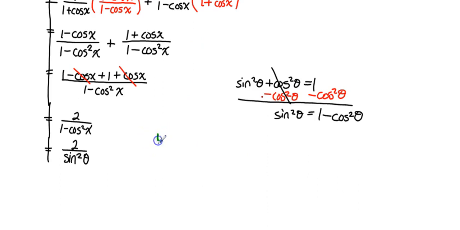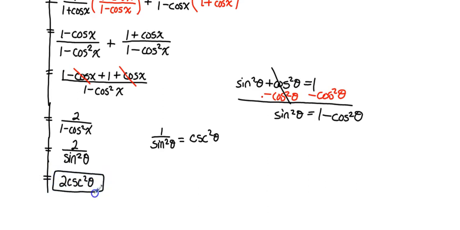I know that 1 divided by sine squared equals cosecant squared. So this can be simplified to 2 cosecant squared. And now I'm done.